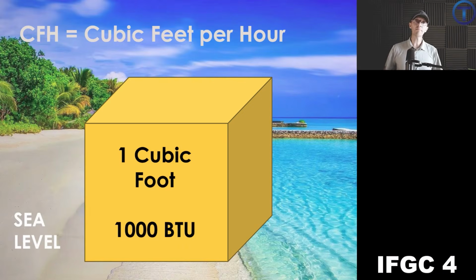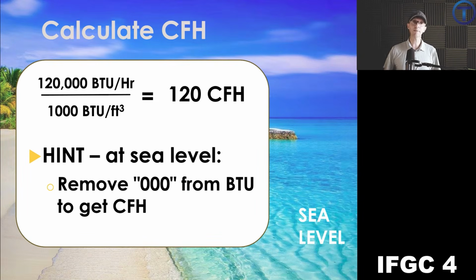But one other reminder, each appliance is going to have a maximum BTU value. That's what it's requiring at its max. And each cubic foot of gas is going to be able to burn a certain number of BTUs. At sea level, 1 cubic foot of gas can produce 1,000 BTUs of energy. And that's our baseline. That's what we're going to use for this. It really simplifies our math when we're doing sizing.